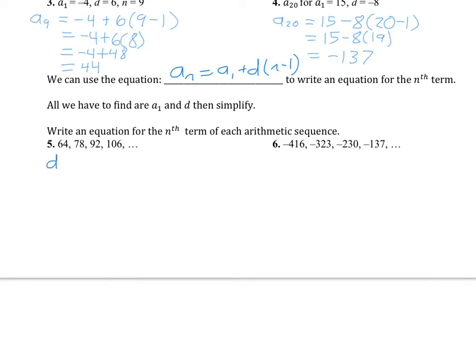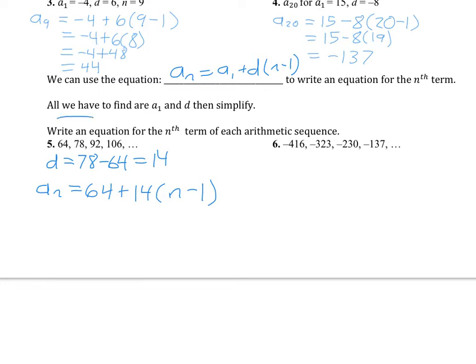To find D, take the second number, subtract the first number, so D is 14, and now we plug in. We don't know An. We're actually trying to find a formula for that, so don't plug into An. A1 is 64 plus D is 14 times n minus 1.